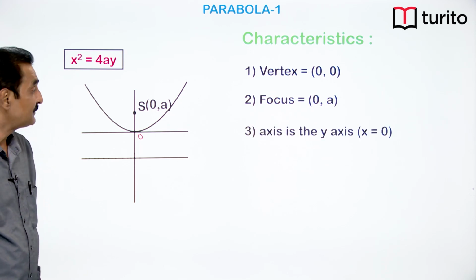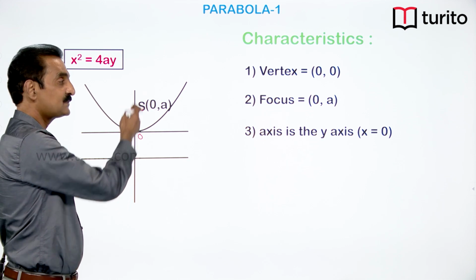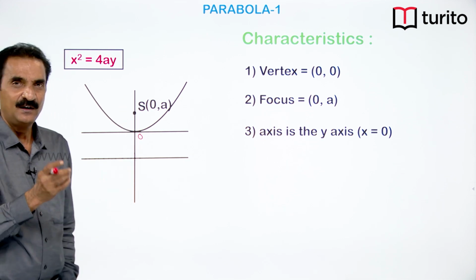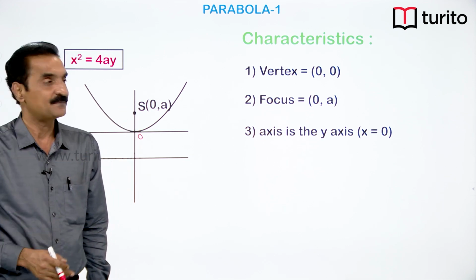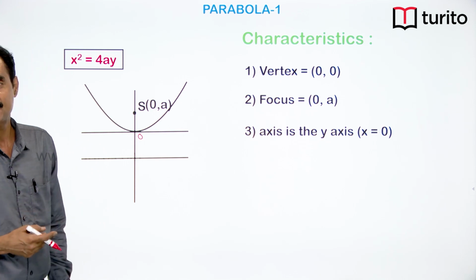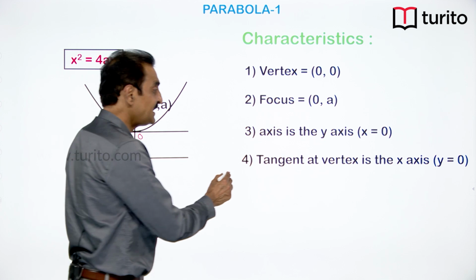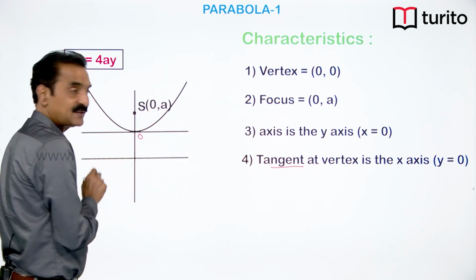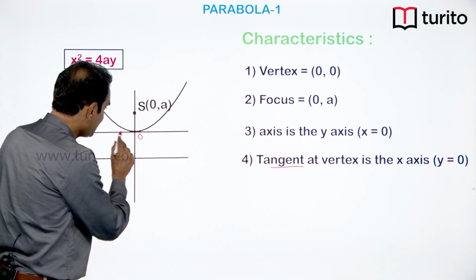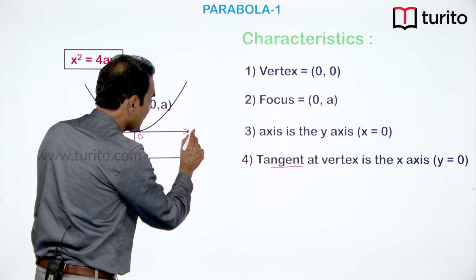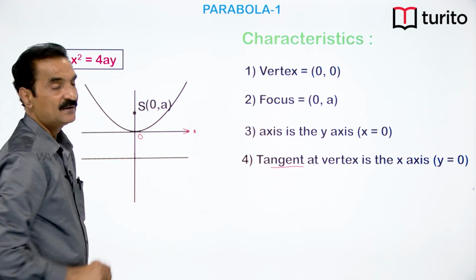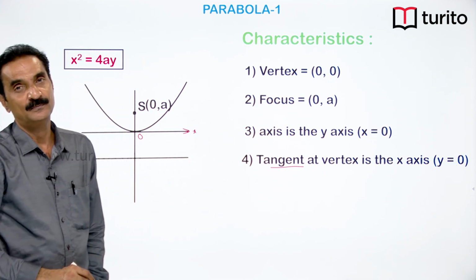Axis of the parabola, this is the axis, what is it? The y axis. In particular, it is the positive y axis. The equation of the axis is x = 0. Tangent at the vertex: the vertex is the origin, clearly the tangent at the vertex is what? The x axis. Equation is y = 0.